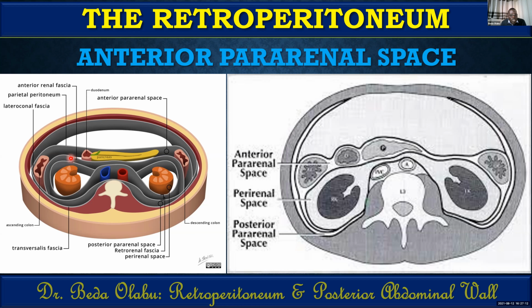The space between the anterior renal fascia and the Peritoneum, this space here, is what we are calling the anterior pararenal space. So in this image, this is the Peritoneum, and this is the anterior renal fascia. So these organs within here are being considered to be within the anterior pararenal space.